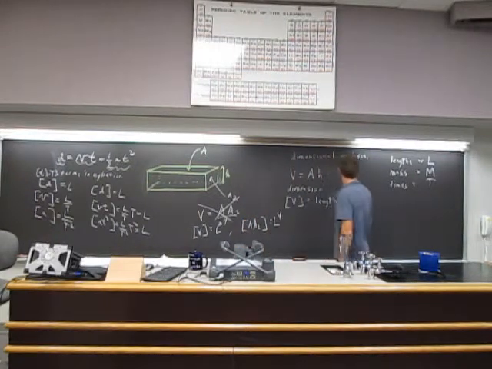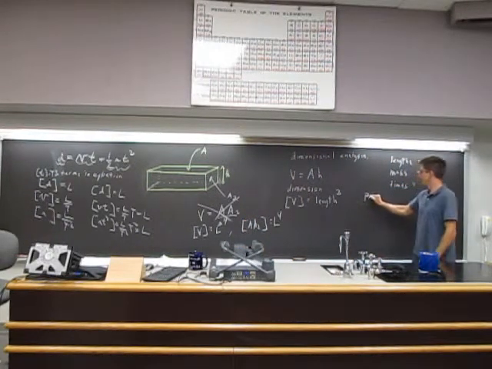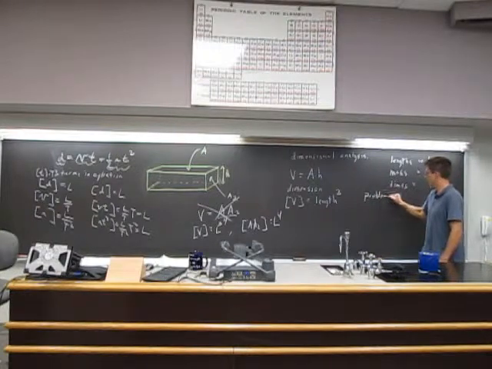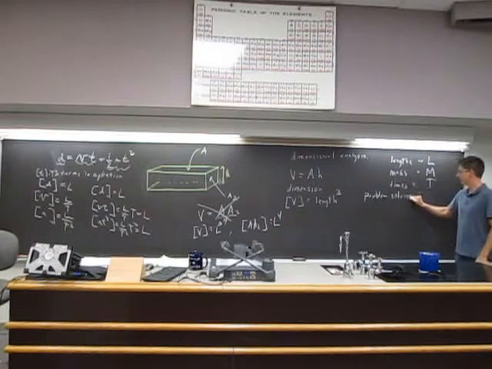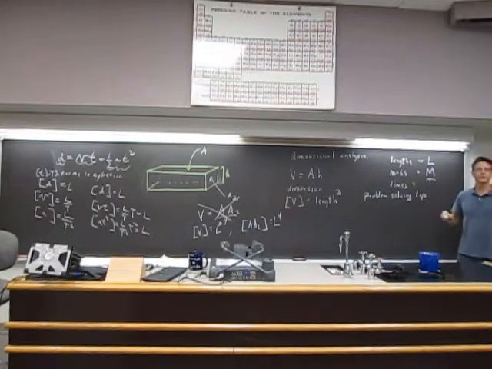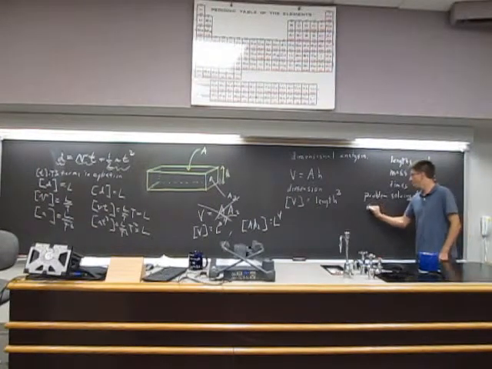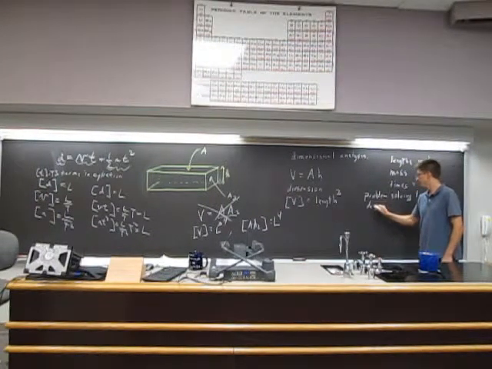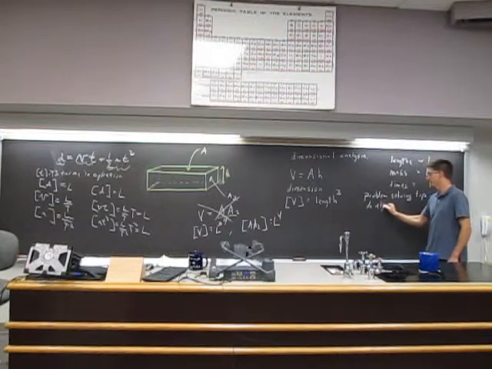So one good problem-solving tip is to do everything algebraically. Carry around those symbols until the last step, and then plug in numbers. So do algebra until the last step.